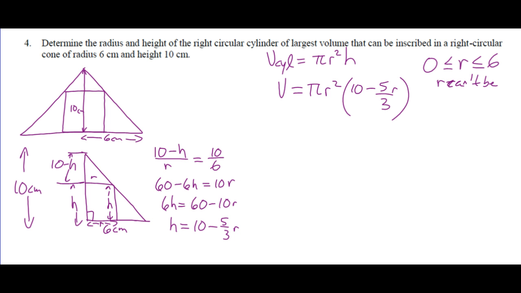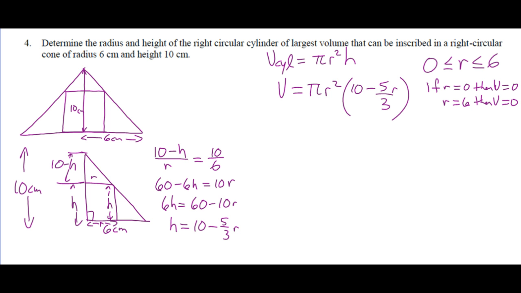Because, okay, we'll say if r equals 0, then V equals 0. And if r equals 6, then V equals 0. So we'll leave that. It's clean, because those are extremes.